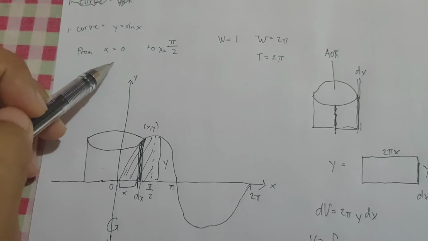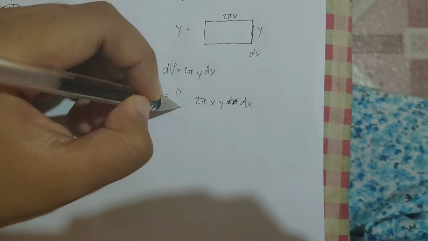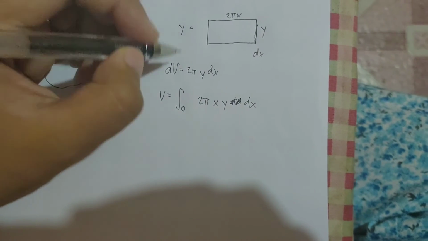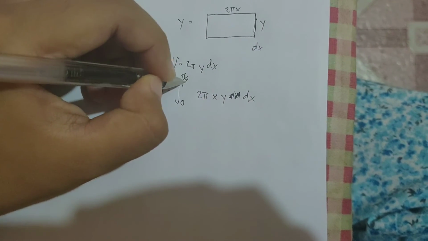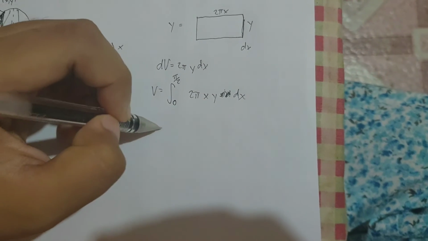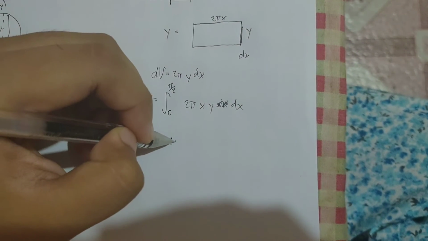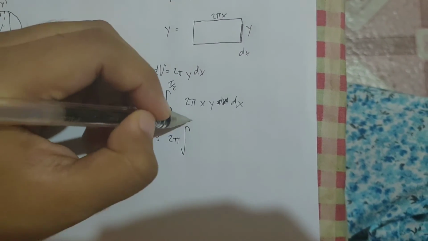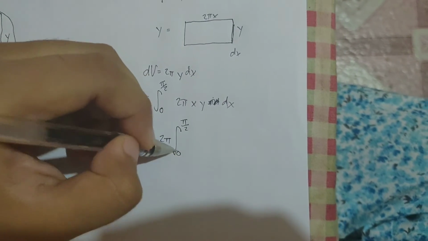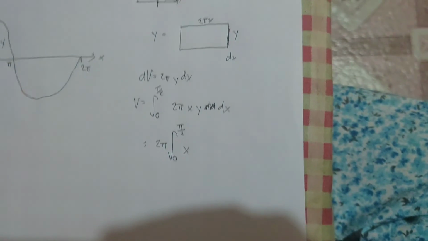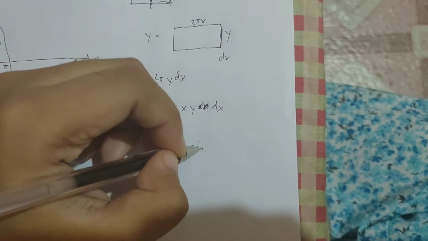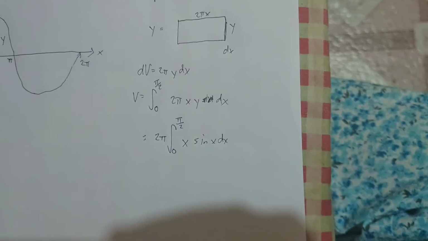And our limit here is what is given earlier, since this is 0, above is pi over 2. To solve this, we will put our constant outside, 2 pi, the integral from 0 to pi over 2 of x, and our y is sine x dx.